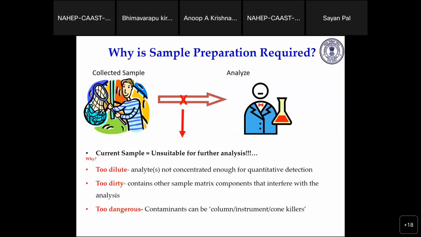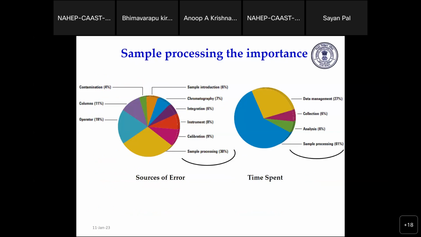There are also problems that it can contaminate your instrument, your column, and your cone associated with the mass spectrometry. So for all these things to be avoided, we need to prepare the sample. So we should use an optimal, ideal sample preparation technique.